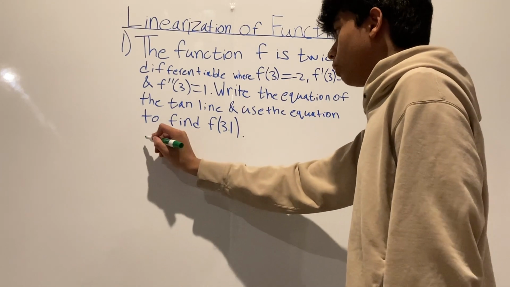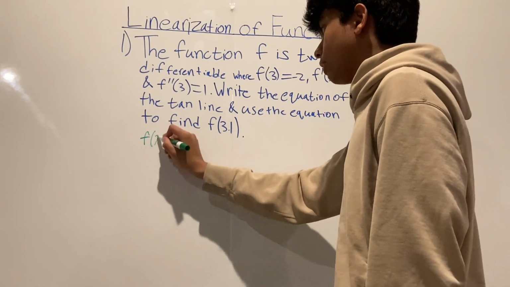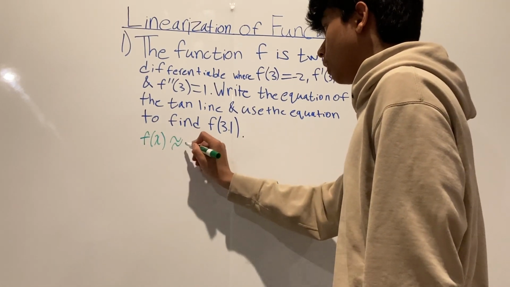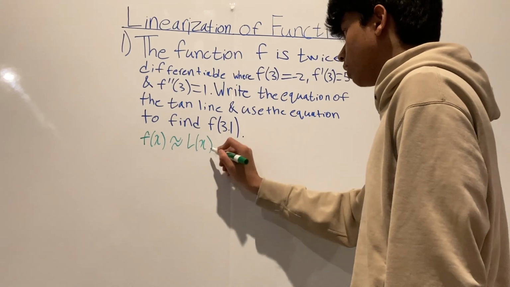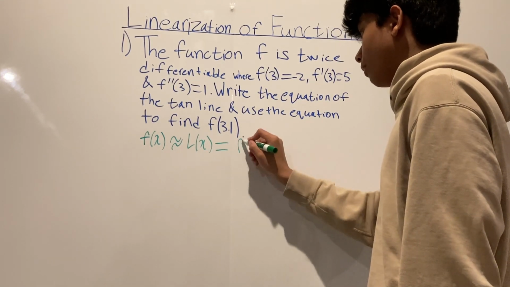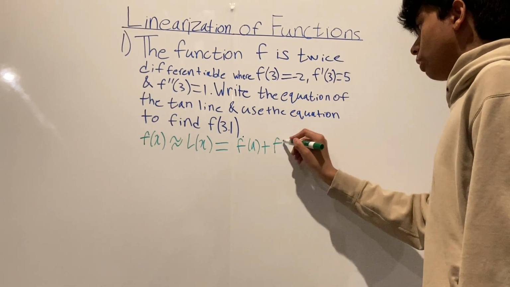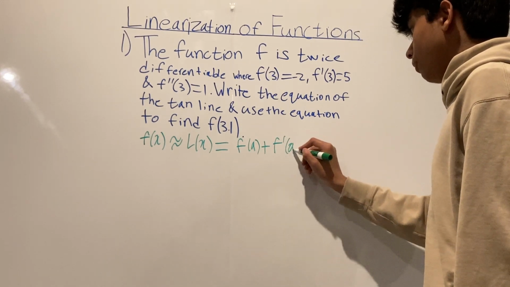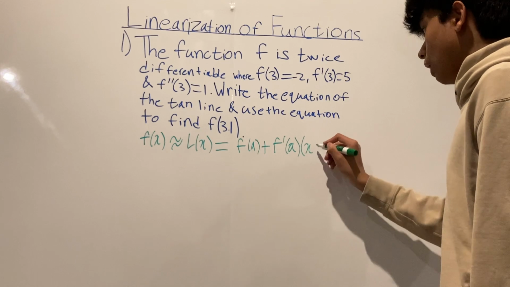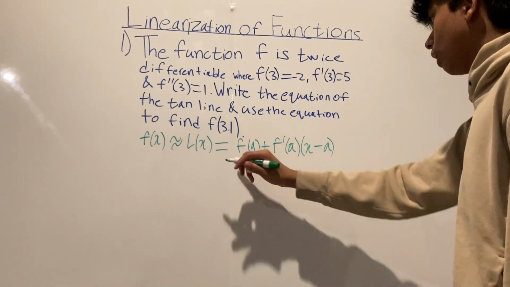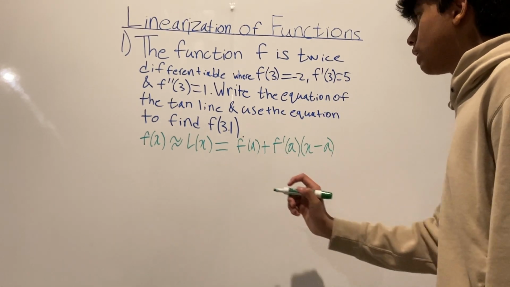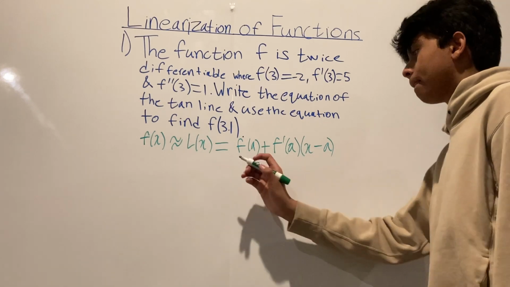So we know that f of x is estimated to be L of x, which equals f of a plus the derivative of f of a times x minus a. So let's get all of these components to find the tangent line and f of 3.1.